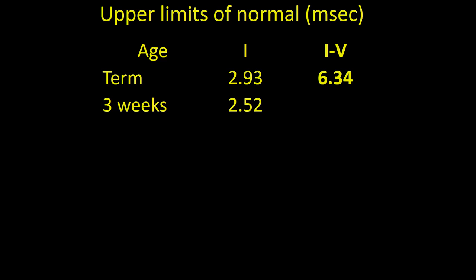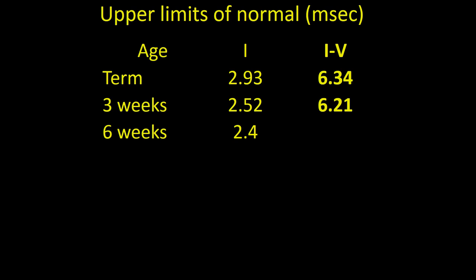At 3 weeks, the latency to wave 1 should be less than 2.52 milliseconds. The 1 to 5 interval should be less than 6.21 milliseconds.